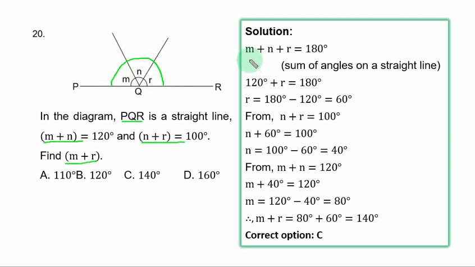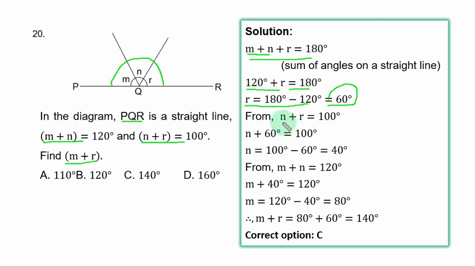The sum is 180 degrees. From the question, M plus N is 120 degrees. So you come here and replace it, plus R equal to 180 degrees. If you collect like terms, R is equal to 60 degrees. Now you know R, M is remaining.